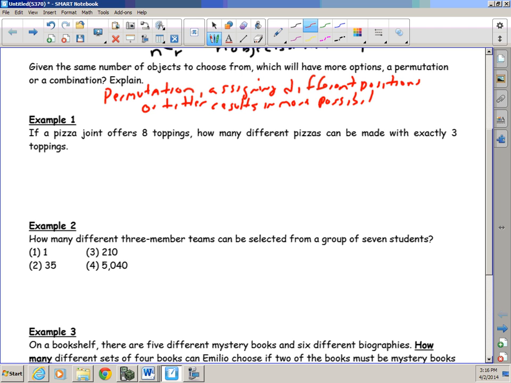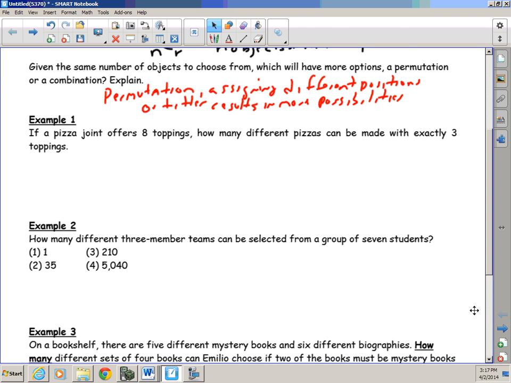So to take a very simple example, if I had 3 students and I wanted to name one president, vice president, and secretary, there's 6 ways to do that: 3 factorial or 3P3. If I just wanted 3 students to be on a committee and there's no titles or anything associated, there's only one way to do that. It's the 3 of them on a committee.